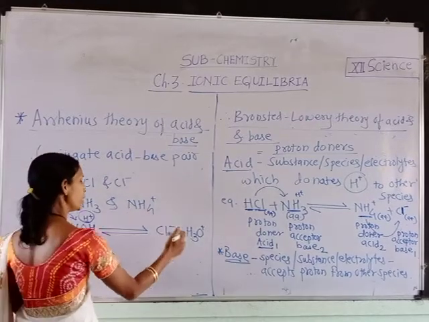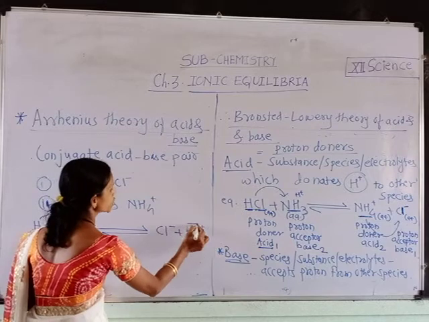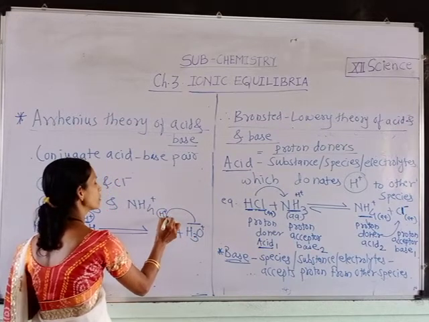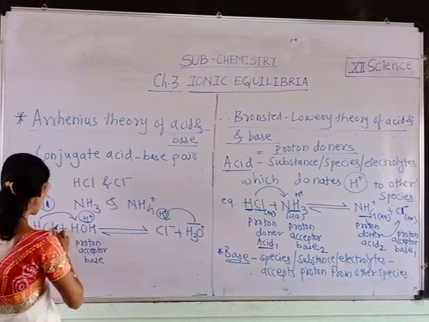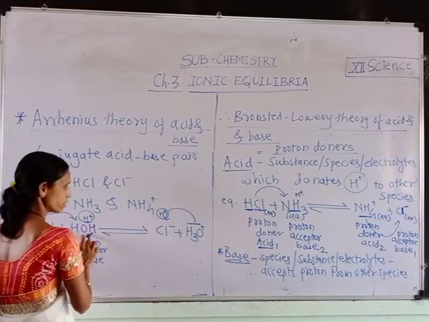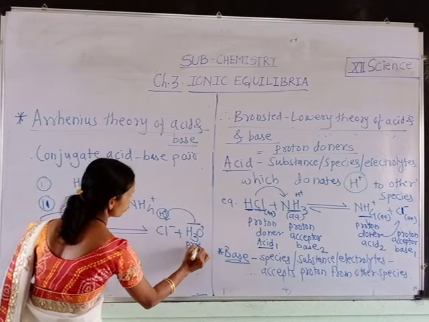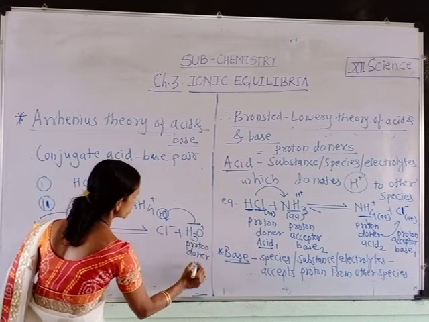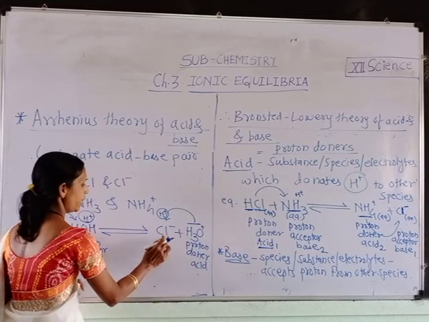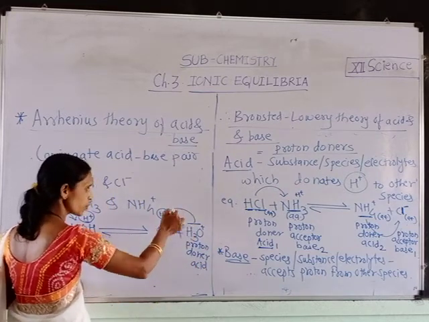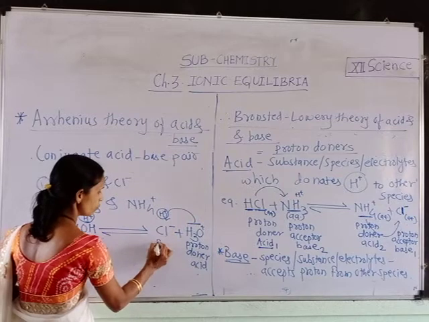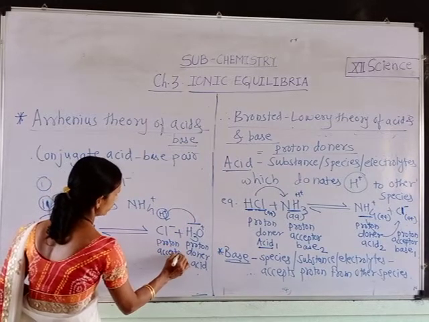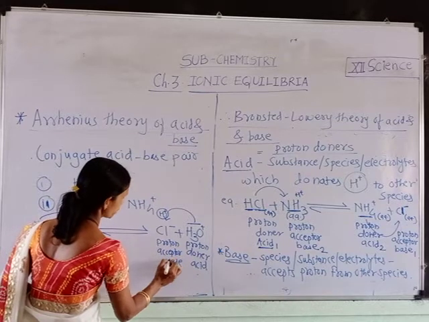And in the reverse reaction, H3O plus donates proton to the Cl minus ion to give HCl and water, therefore it is a proton donor, therefore H3O plus is an acid, and Cl minus ion accepts proton from H3O plus, therefore it is a proton acceptor, therefore it is a base.